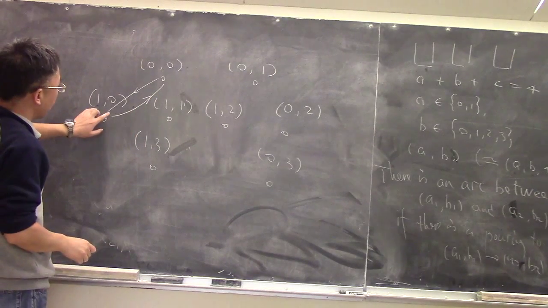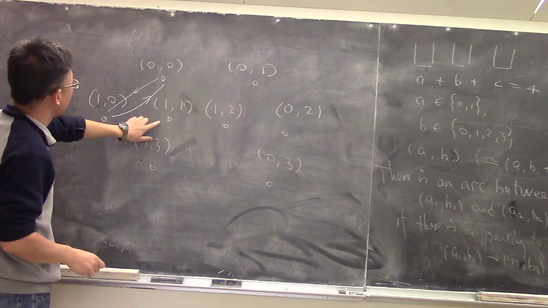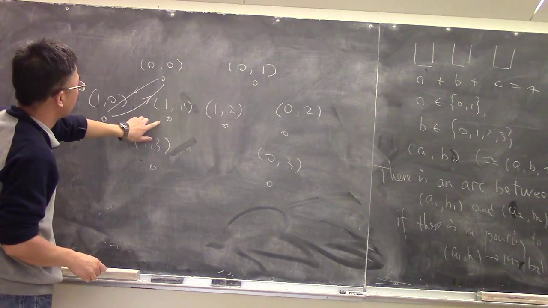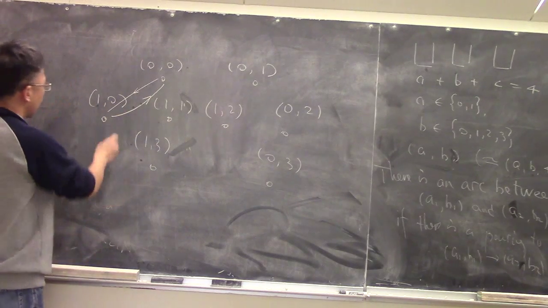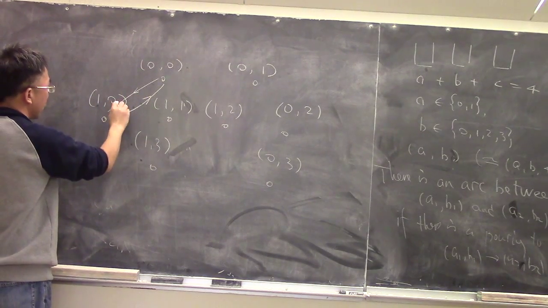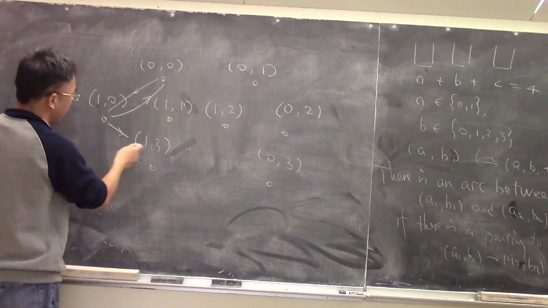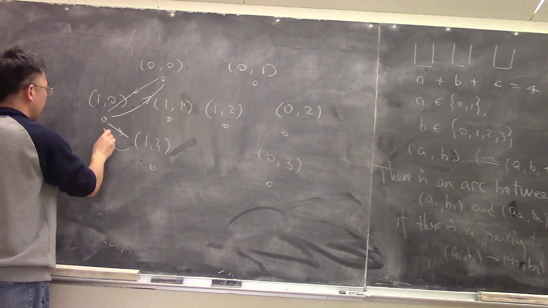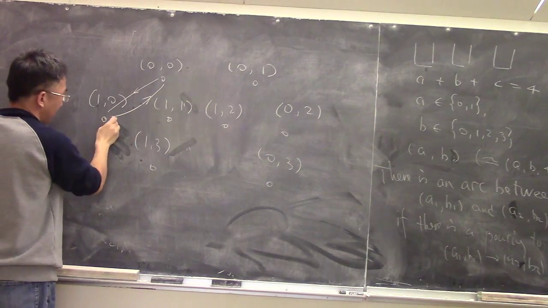And then say, for example, from here to here, here to here, there's no arc. And from here to here, you pour 3. You have 3 here, pour into here, that gets here. And then if you pour this back, you are going back to here. So you are able to obtain another.